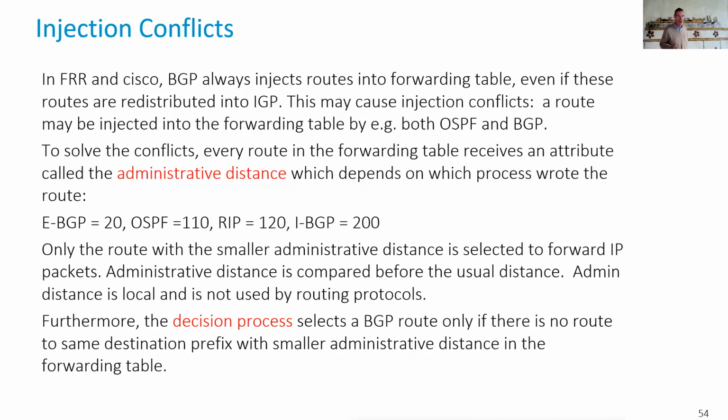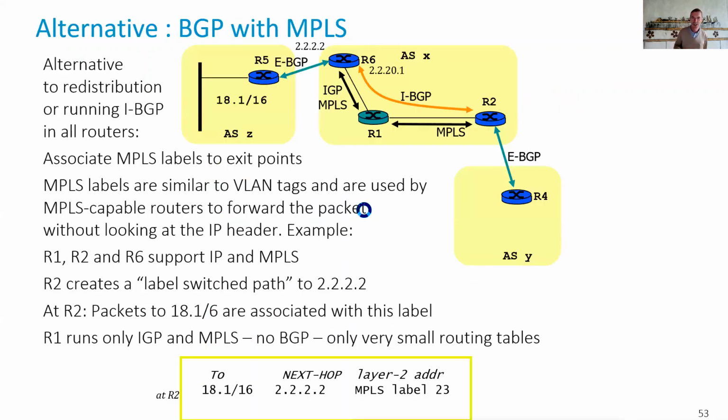Now the reality is a bit more ugly, in particular in the labs that we have. The software that we have, which is the same as the dominant software found in the industry by Cisco and Juniper, always injects the routes into the forwarding table, even if these routes are redistributed into OSPF, for example. Which means that in a case like this, if R6 redistributes the route into OSPF, R2, in principle, should not inject it into its routing table because it will receive it via OSPF.